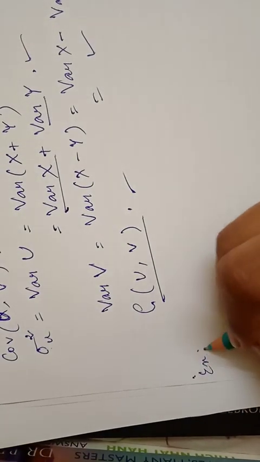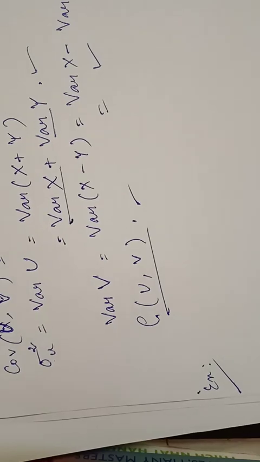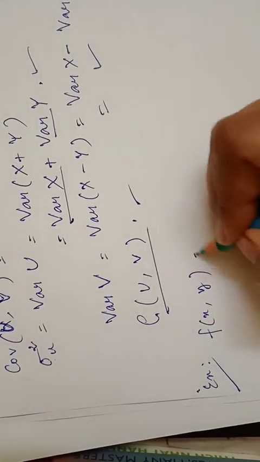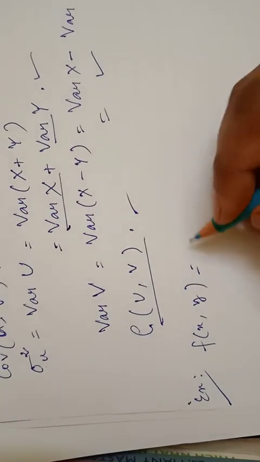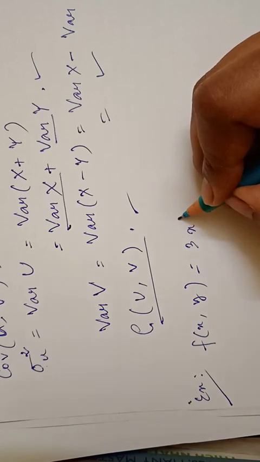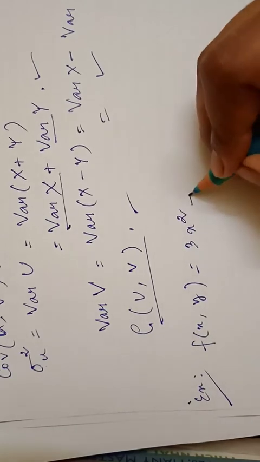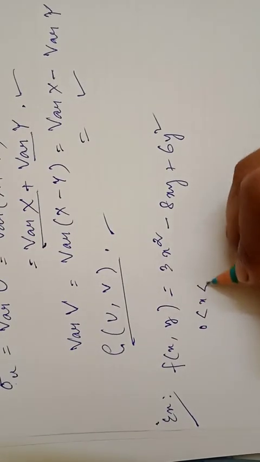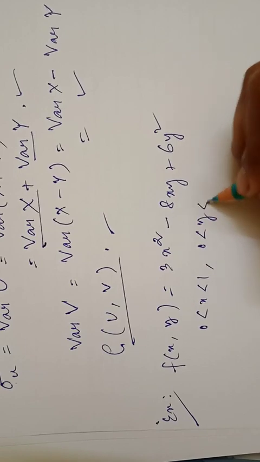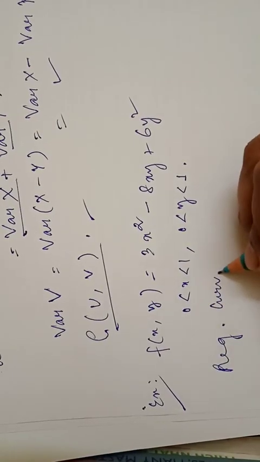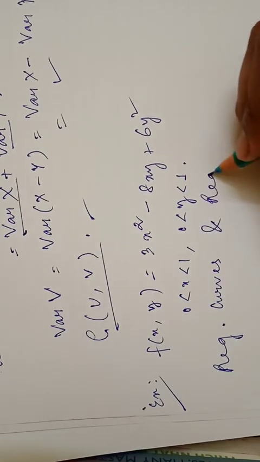Next example. For the continuous distribution defined by f of x comma y equals to 3x square minus 8xy plus 6y square, where 0 less than x less than 1 and 0 less than y less than 1, find the regression curves and the regression lines.